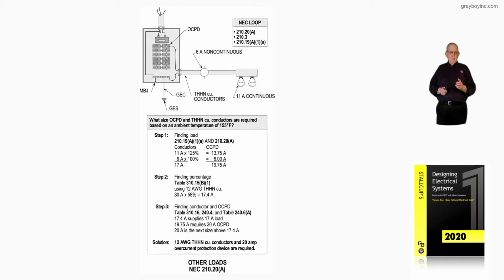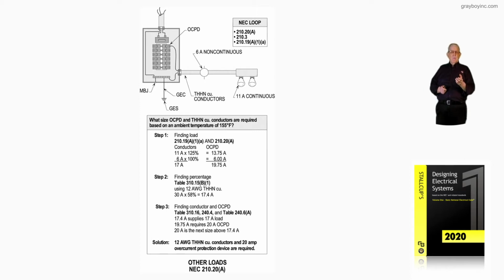210.18 would deal with the branch circuit being identified with its maximum rating by the overcurrent device and not the size of the conductors. Now, what this section is trying to get over to the electrician or anyone dealing with this circuit is that it's the rating of the overcurrent device in the panelboard that determines the rating of the branch circuit.